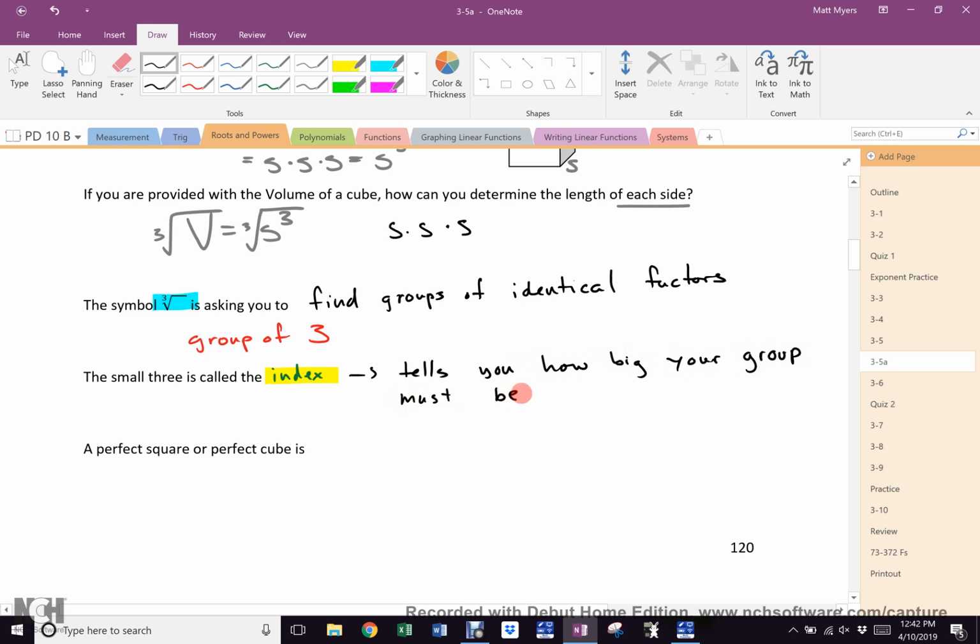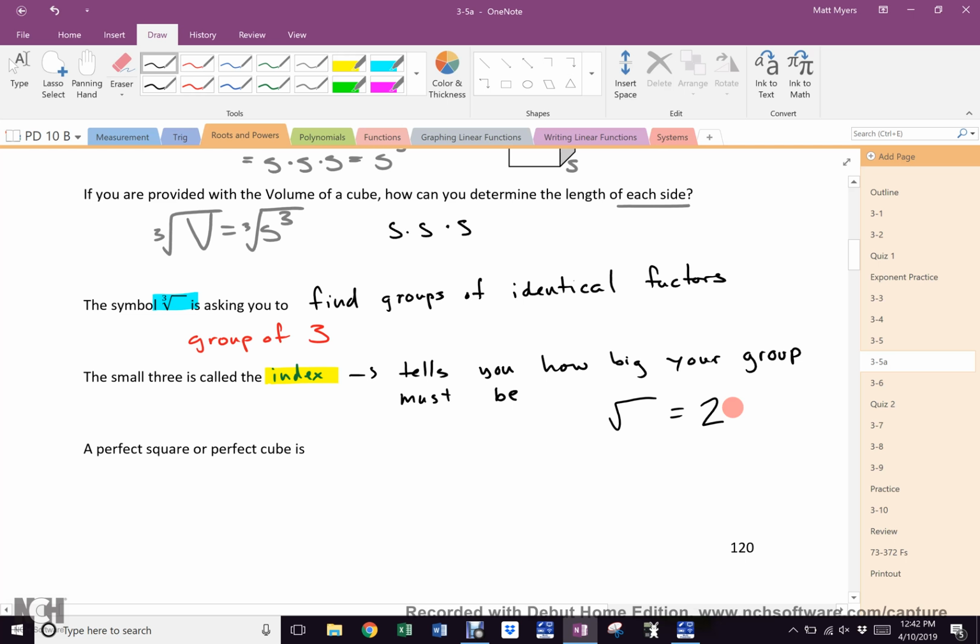All right? So, when there is no index, how big is the group? 2. Now, this is weird. Normally, what's the number that we very, very rarely write in math? 1. We very rarely write 1. We don't write 1x. We don't write x to the first power. We don't write 4 divided by 1, 4 over 1. We just write 4, right? So usually it's a 1 we don't write.